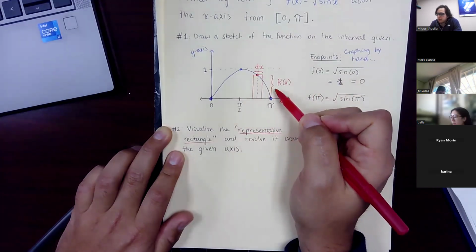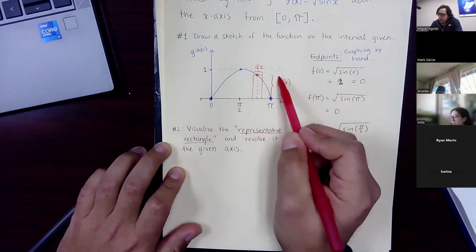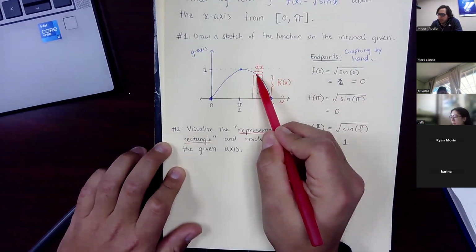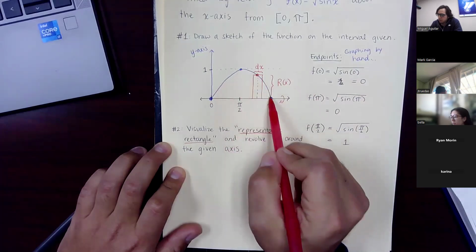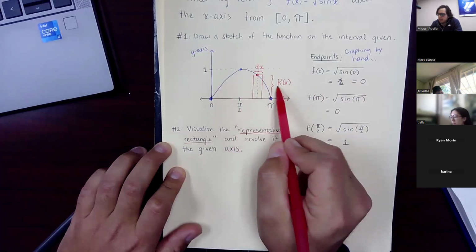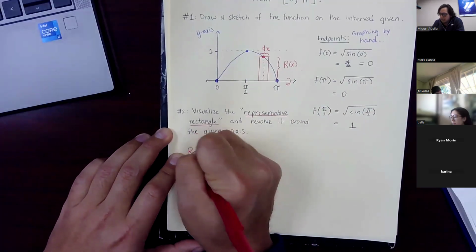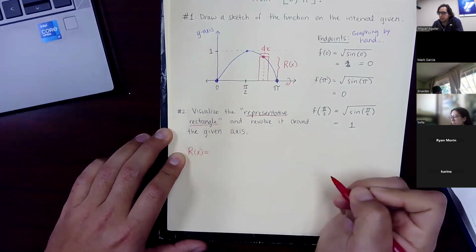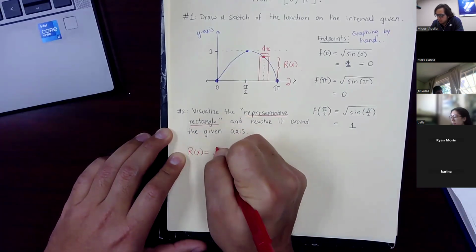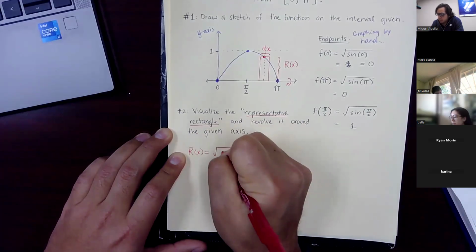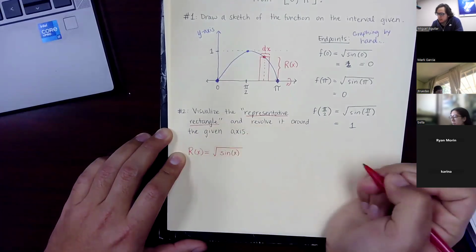Okay. So we have to recognize that the height of this rectangle at any given point on this curve is going to be whatever the height of the function is. So r of x is just going to be the function that we're using in this case, the square root of sine of x.